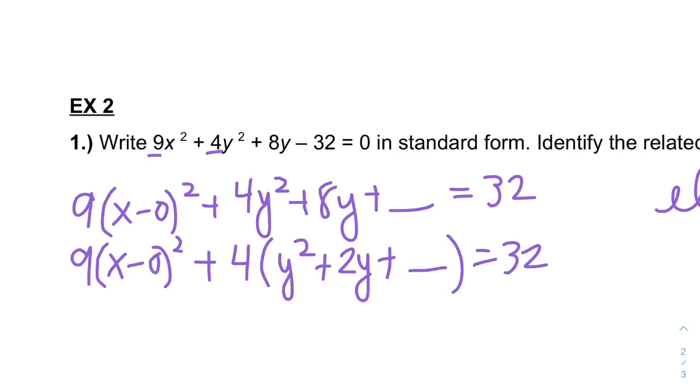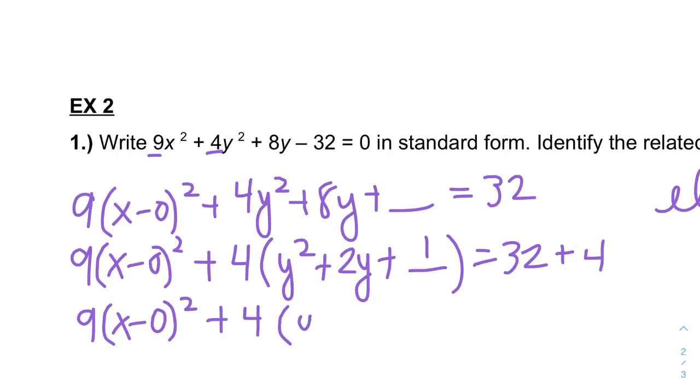So what this means is, now when I go to complete the square, 2 divided by 2 is 1, 1 squared is 1, but when I'm going to add on the other side, I'm going to multiply this 1 times this 4, which gives me 4. So that's what I'm adding to the other side. Remember, this is already a complete square, and I'm going to change this to y plus 1 squared equal to 36.